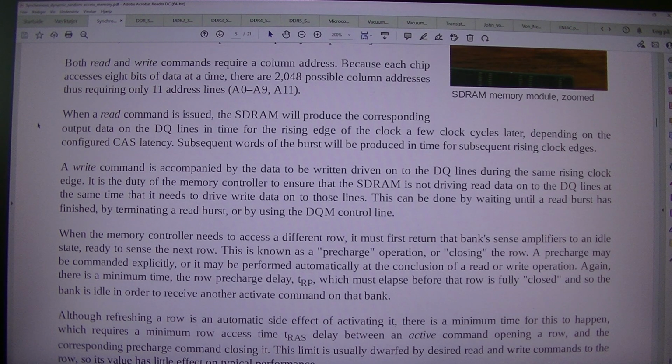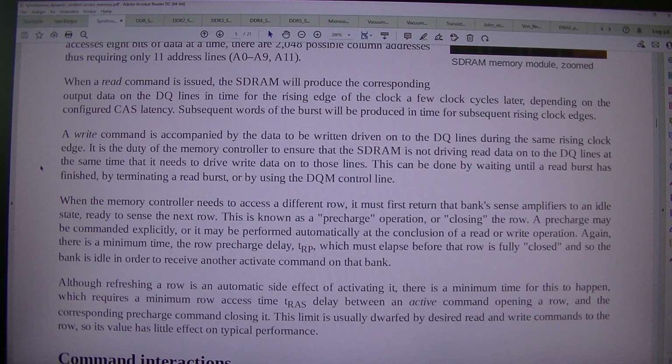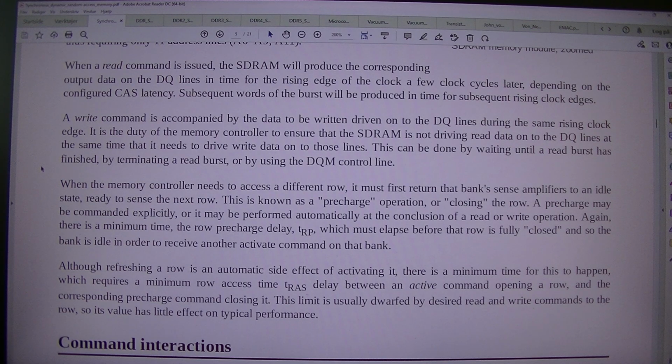A write command is accompanied by the data to be written, driven onto the DQ lines during the same rising clock edge. It is the duty of the memory controller to ensure that the DRAM is not driving read data onto the DQ lines at the same time that it needs to drive write data onto those lines.